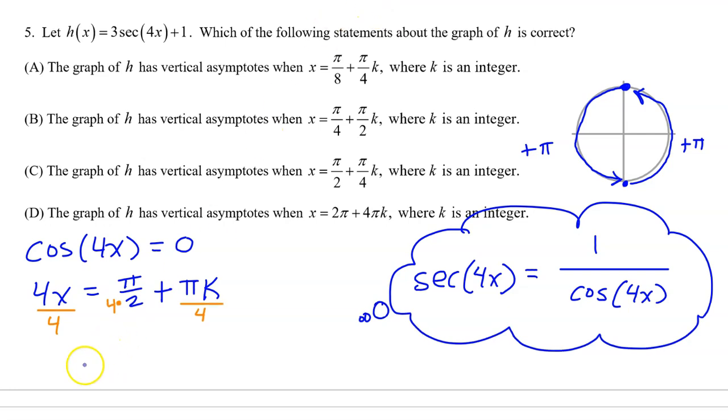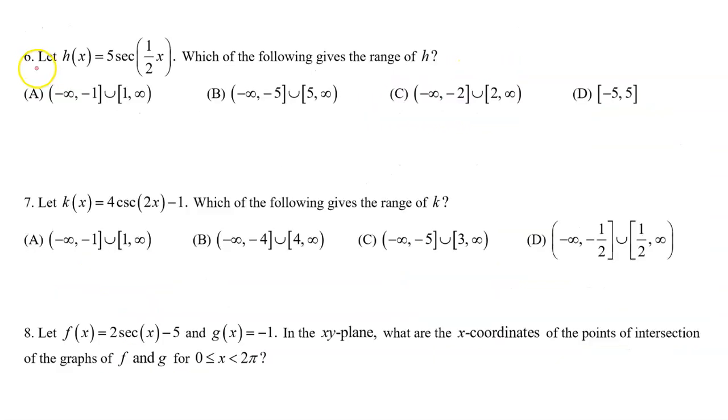So on the next line, we have x is equal to pi over 8 plus pi over 4k. So the answer is A. The graph of h has vertical asymptotes when x is equal to pi over 8 plus pi over 4k, where k is any integer.